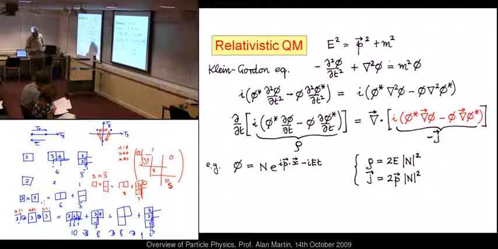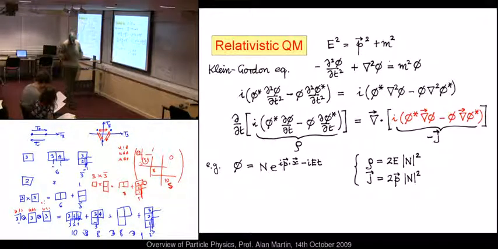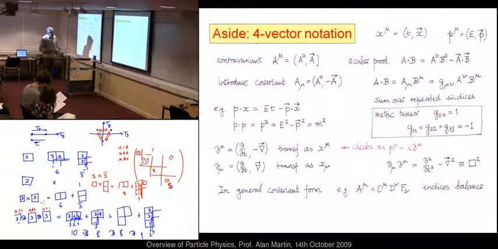And this is why this was thrown out immediately. That's why Schrödinger then went to the non-relativistic version. Amazingly, that described the hydrogen atom, because the hydrogen atom is non-relativistic. Before I discuss that more, let us familiarize ourselves with 4-vectors.